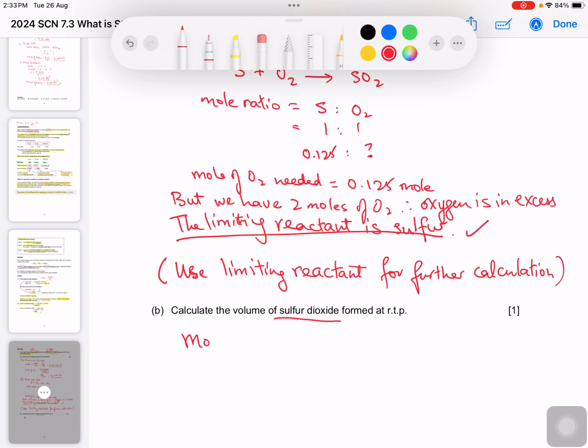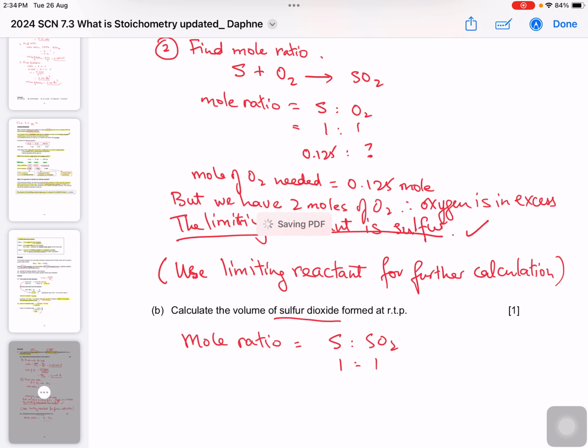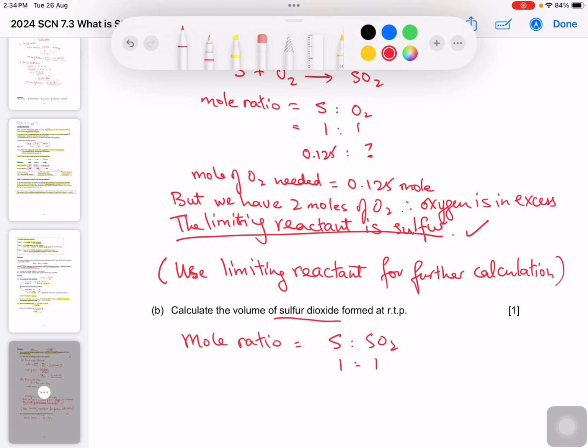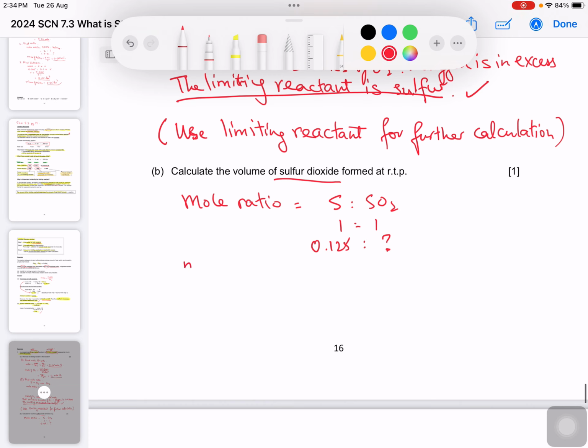So, mole ratio, sulfur is to SO2 is still 1:1. And since sulfur, how many moles do we have? Sulfur is 0.125 mole. Sulfur dioxide will also be 0.125 mole. Now we can convert it to volume. We know the mole already, now we convert it to volume. What's the equation for volume?